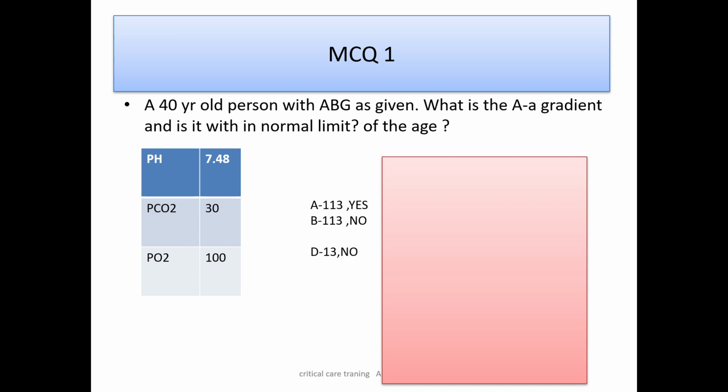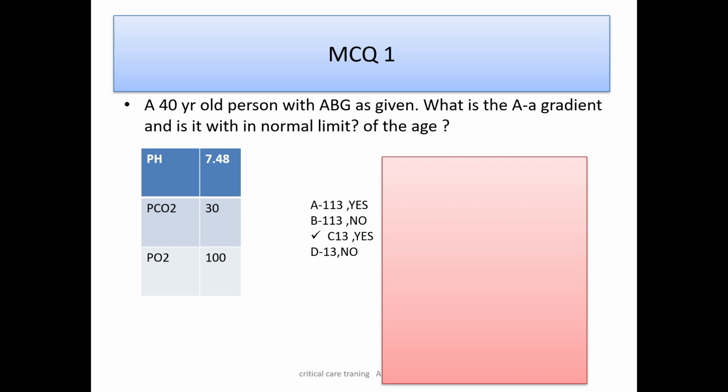As we know, the oxygenation problem can be divided: hypoventilation if it is a normal A-a gradient, and if it is high, then there is VQ mismatch or other causes such as a diffusion defect. So in this ABG, we also know the formula to calculate the alveolar PO2. The answer here is that the A-a gradient is 13 and it is normal for his age.